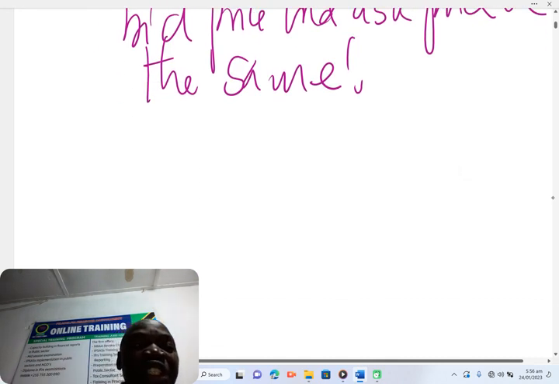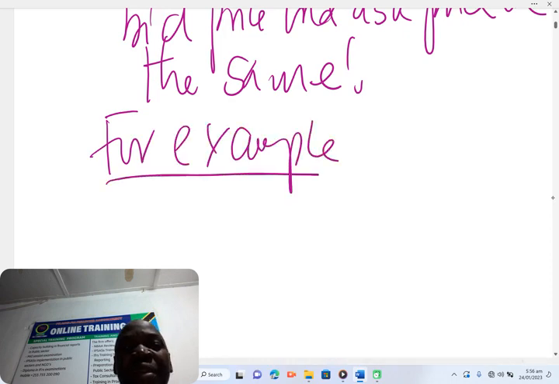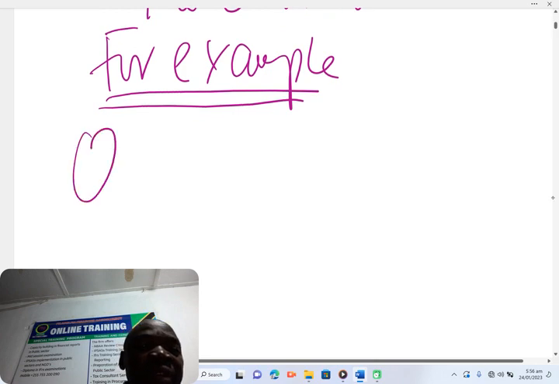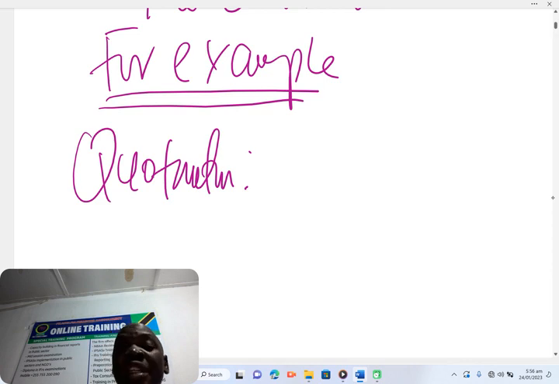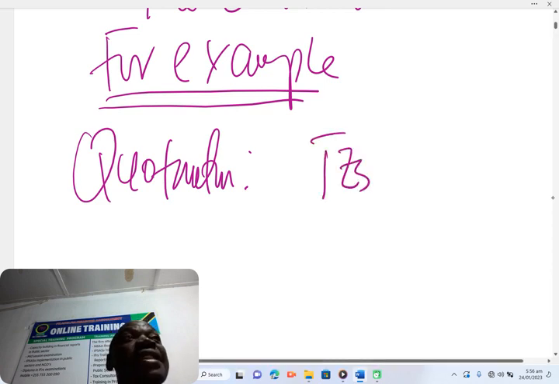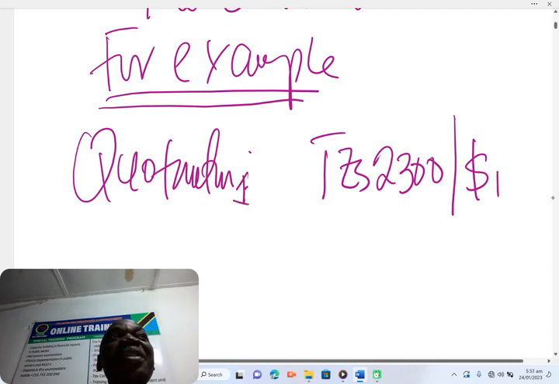For example, quotation 1. If quotation 1 is written as ZS 2000 stroke dollar, that is a one-way quotation because a bid price and ask price is the same. Am I clear?